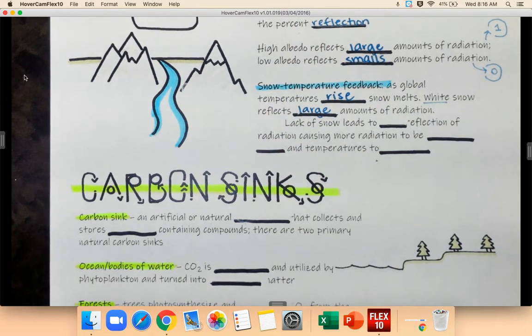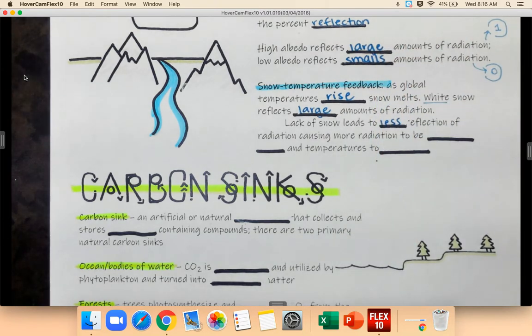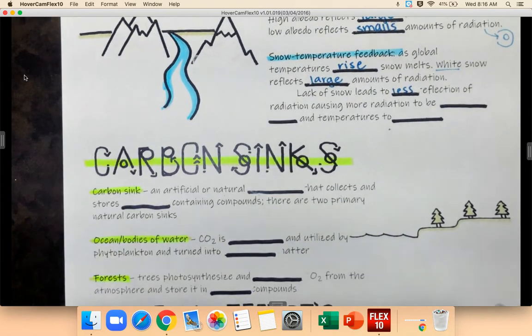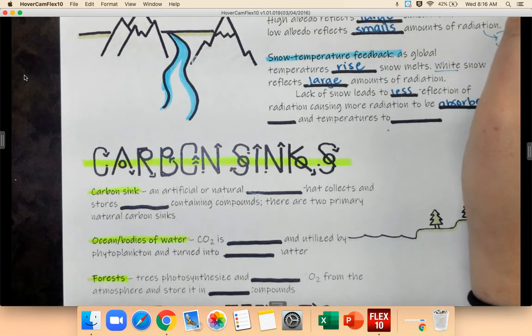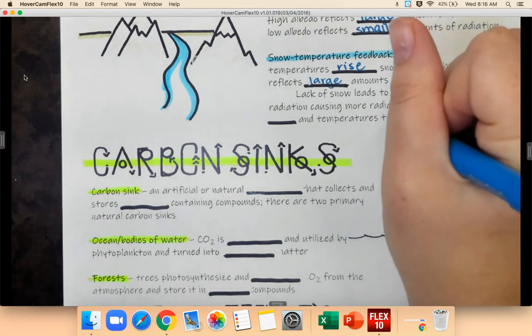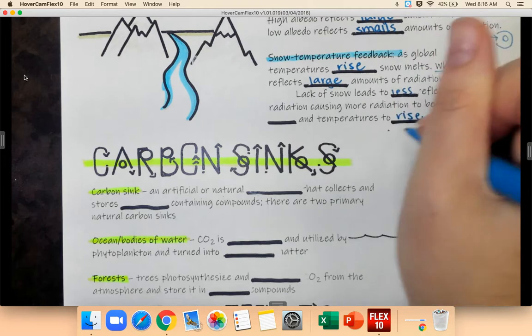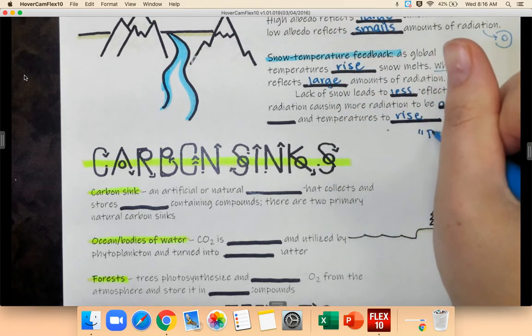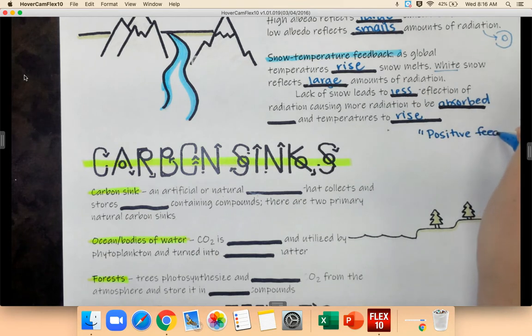This lack of snow leads to less reflection of radiation, causing more radiation to be absorbed and temperatures to then rise. We would call this process a positive feedback loop.